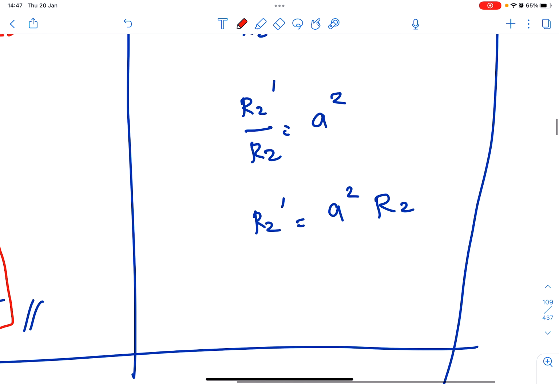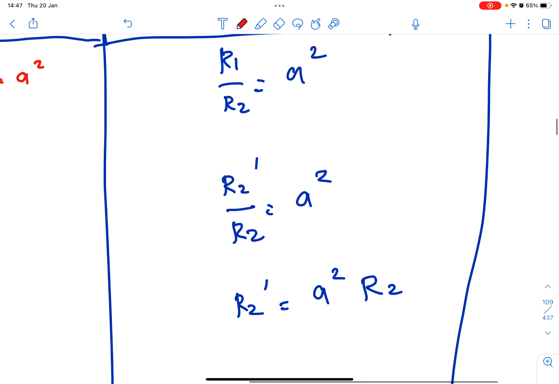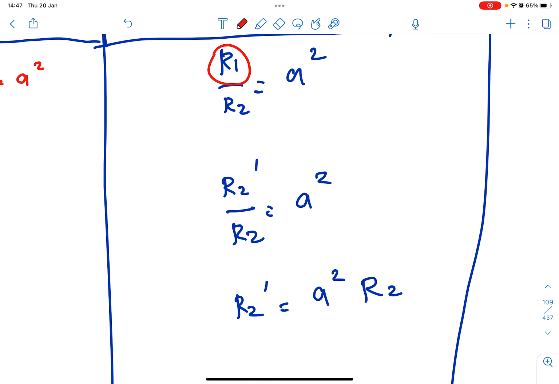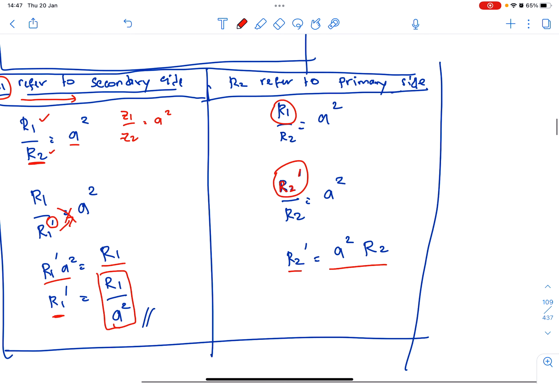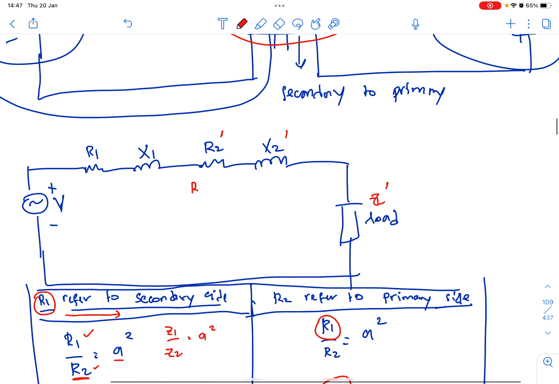So you just rename this R1 jadi R2 prime. So you make this R2 prime the subject. So R2 prime is equal to A square R2. So di sini R2 prime equal to A square R2. So sama juga dengan di sini, X2 prime equal to A square X2.